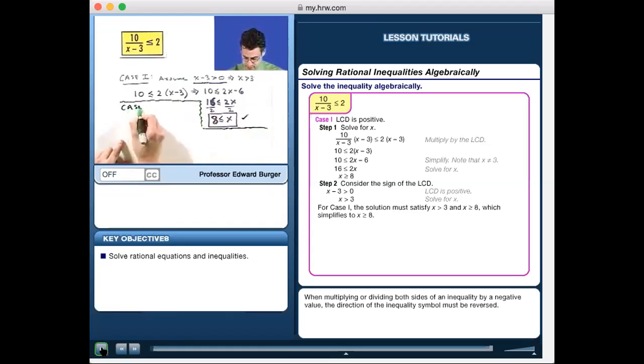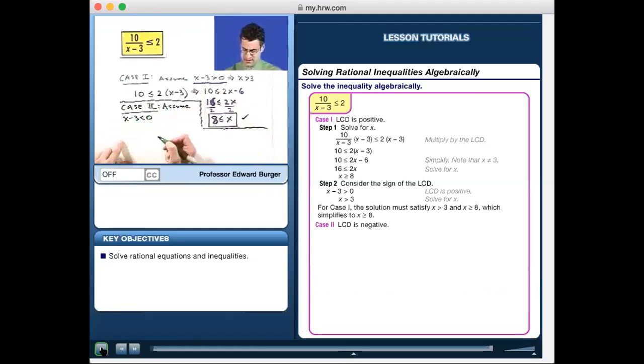Case 2. Here we're going to assume that x minus 3 is now less than 0. So it's negative, which, by the way, implies automatically that we need to make sure that x is less than 3. Just remember that in the back of our heads.